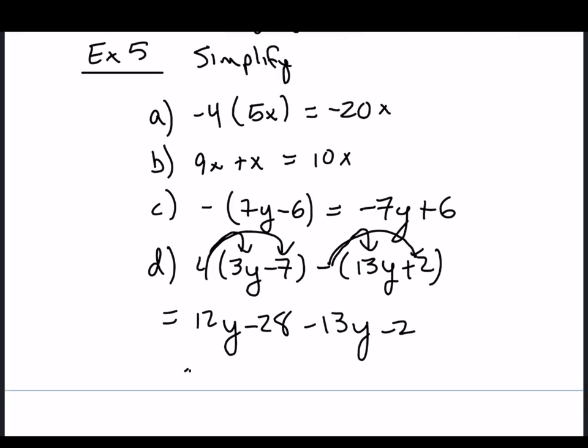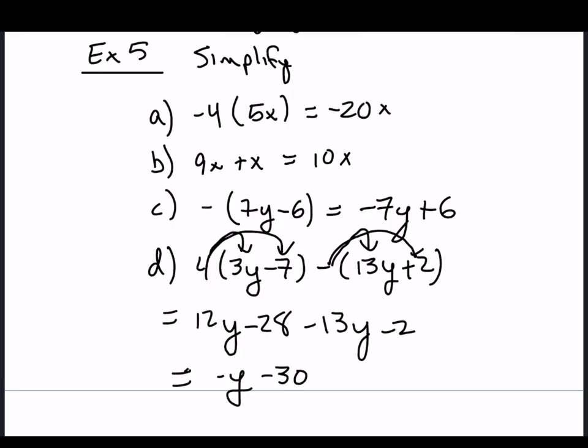Then we can combine the 12y minus 13y. 12 minus 13 is negative 1, so negative y. Negative 28 minus 2, when we distribute, we get a minus 30. Okay, that's example number 4.